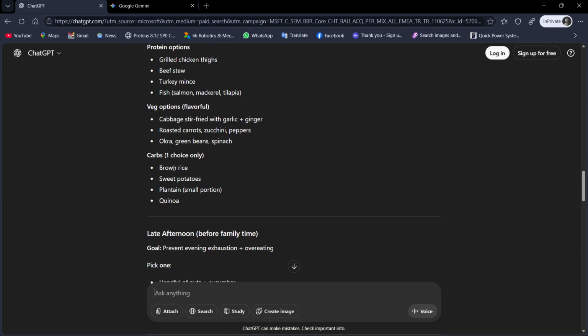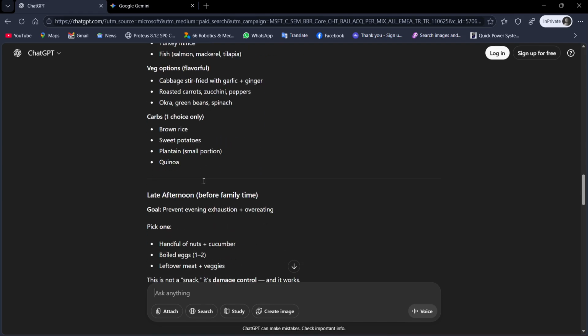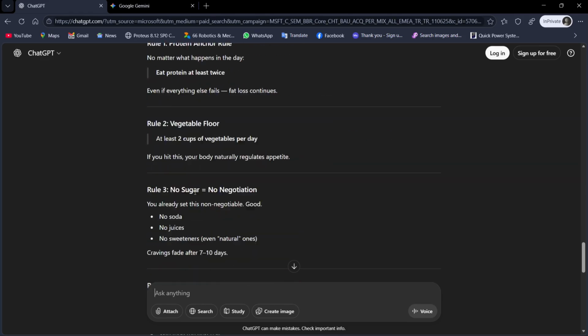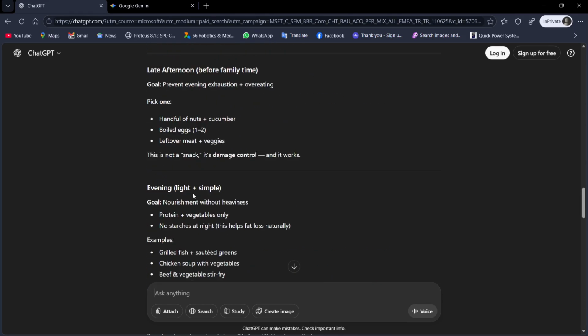Carbs, first choice only: brown rice, sweet potato, plantain, small portions, quinoa. So I like how it gave us the portions and then it gave us options. This is really, really amazing. Let's keep on, and we are not even done with this response. It's long and amazing.